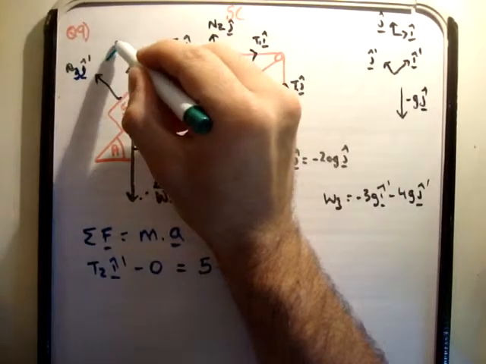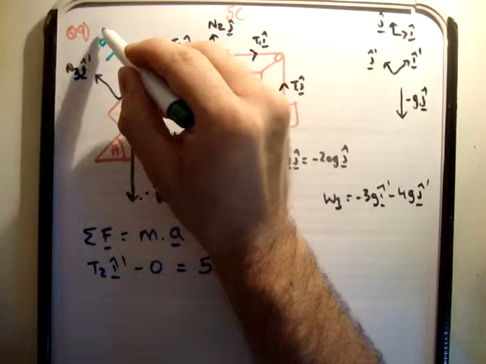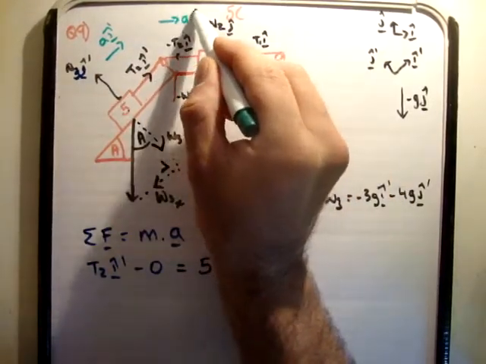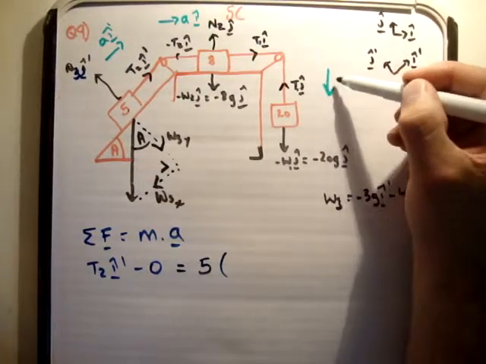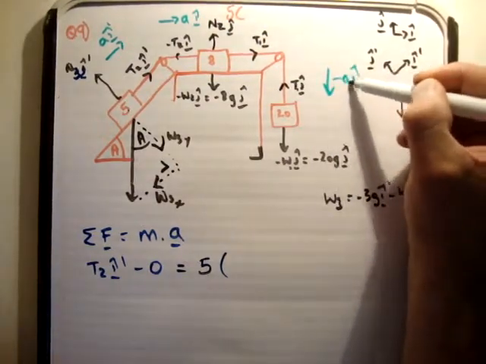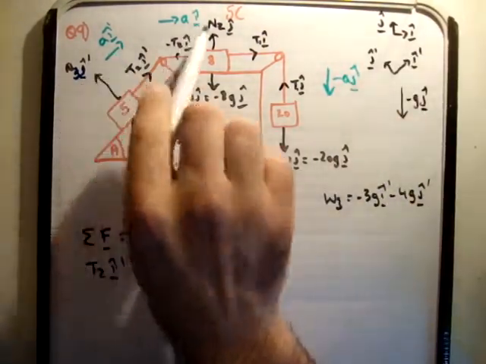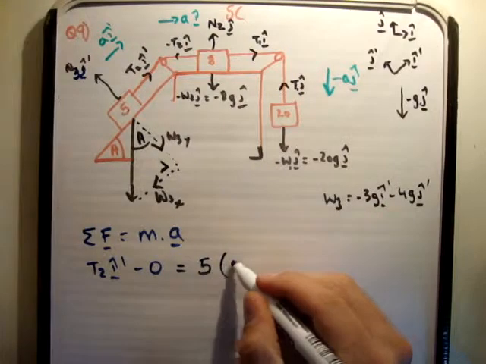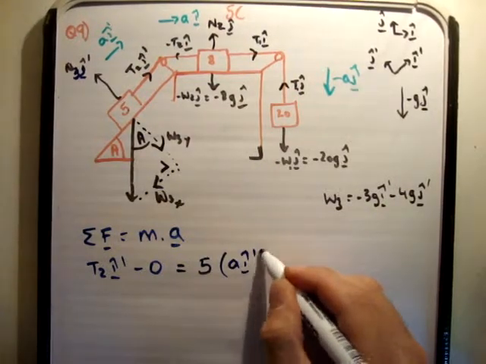I'm going to say we're going in an a i hat prime direction here, an a i hat this way, and a negative a j hat this way. It's the same acceleration, I've just put on the different unit vectors. So this time we're moving in 5 times a i hat prime.